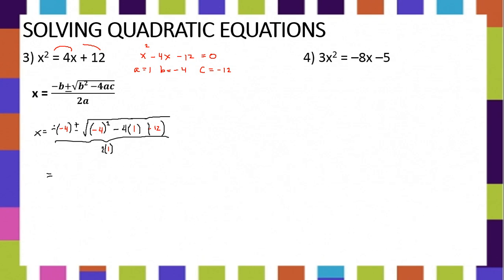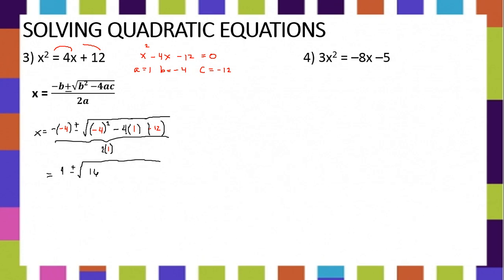So, negative times negative 4, that will be positive 4. Tapos, positive, negative, square root of negative 4 squared, negative 4 times negative 4, positive 16.